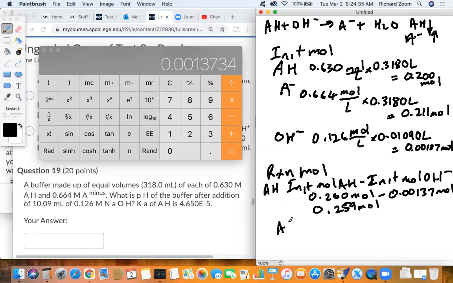For the A-, it'll be initial moles of A- plus initial moles of OH-, which is going to be 0.211 moles plus 0.00137 moles.